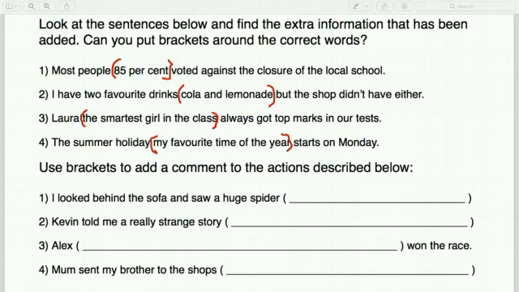Okay, let's try these below. Let's just pause for a moment. So let's look at these sentences below, and you can add in some extra information yourself. So number 1, I looked behind the sofa and I saw a huge spider. I could put what size, well, we've said it's huge, so I could put what color it was, or I could say what it was doing, or how fast it was going.